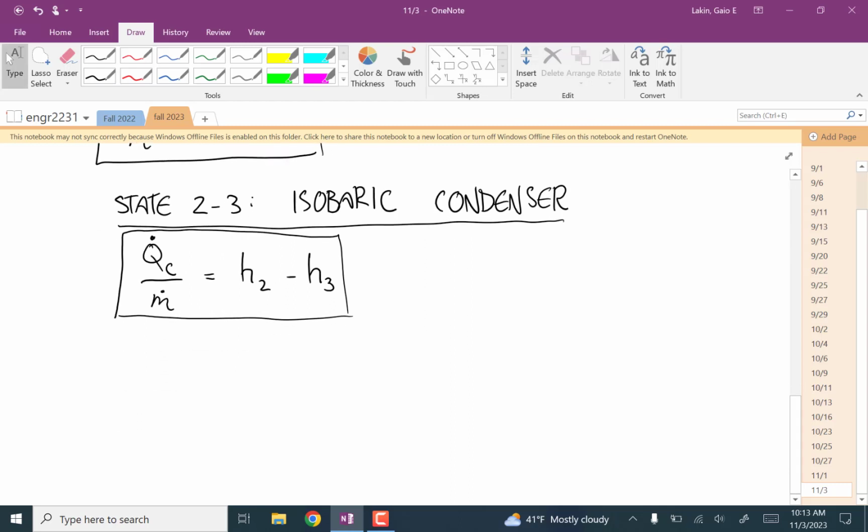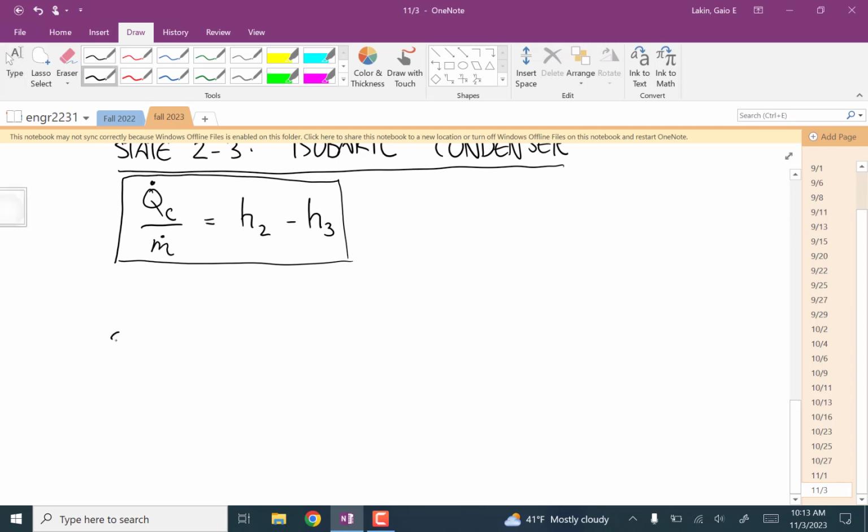But now we're going on to the first step that we didn't do last time. So now we're going to the process that takes us from state 3 to state 4. That is the isentropic pump.